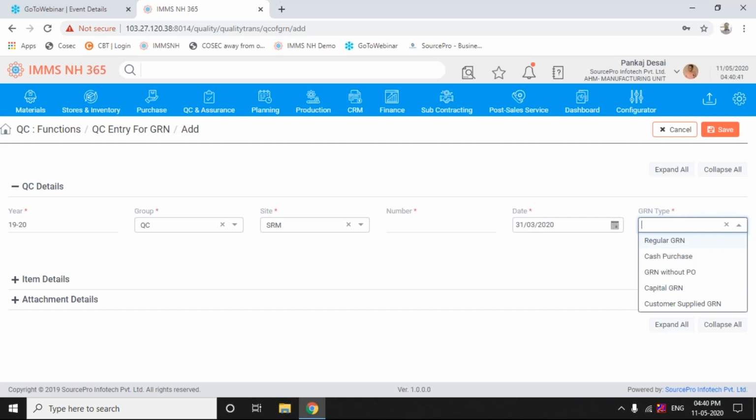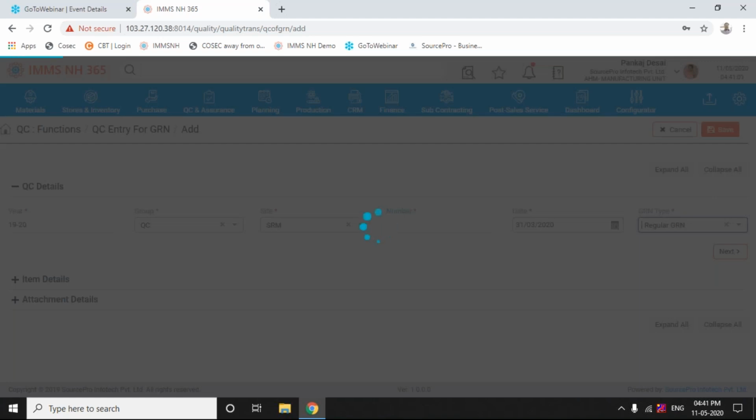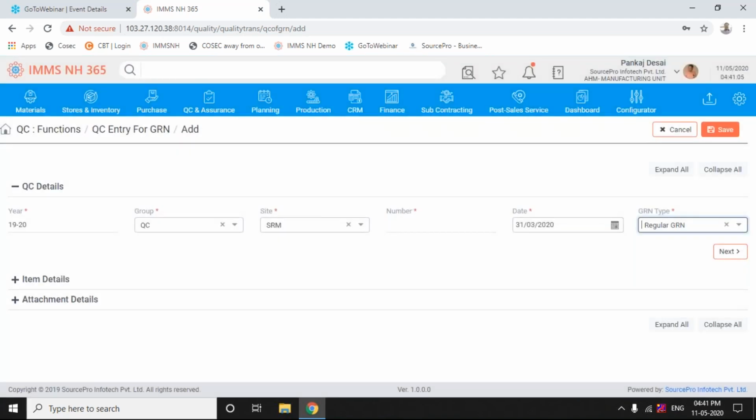For those items which are marked as quality yes, the GRNs which are authorized, as you can see on your screen, GRN type is made available. For the purpose of the current discussion, let us limit it to regular GRN. When you say regular GRN, it means the material GRN against which we had raised the purchase order.